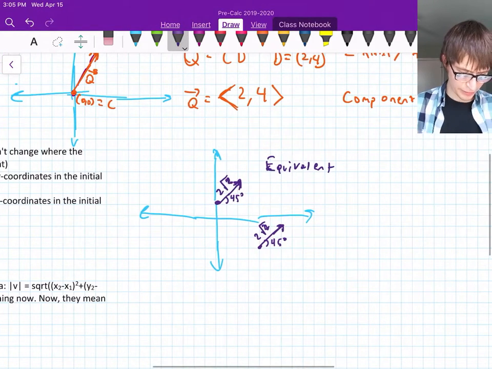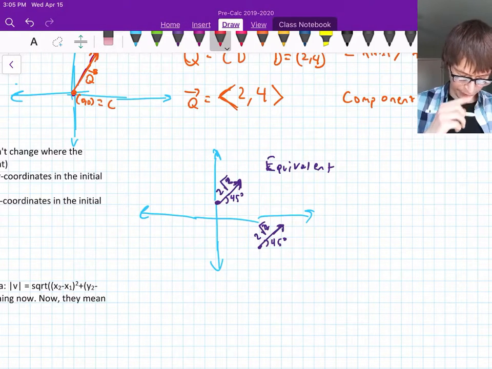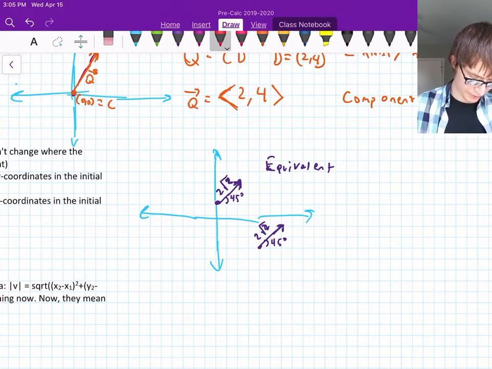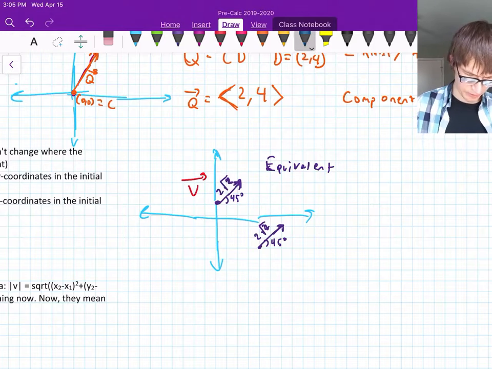Let's look a little bit at what these two vectors are. I'll use red for the first one, and let's say the first one is vector v, and the second one, in dark blue, is vector x.